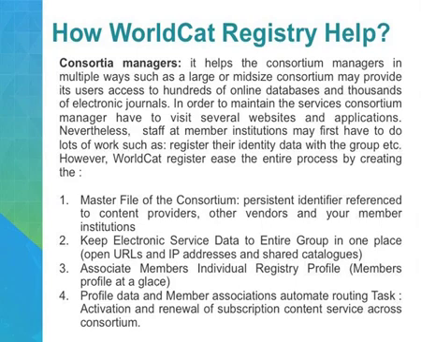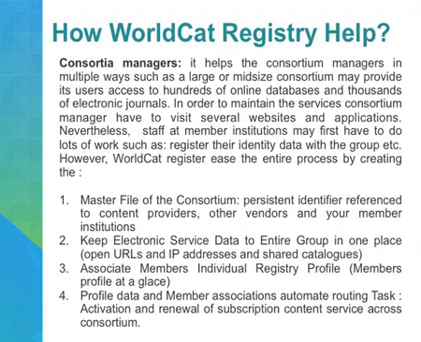So, you need to understand how the WorldCat registry helps many stakeholders in information access and management, and one of them is the consortia manager. It helps the consortia manager in multiple ways. A large or mid-size consortium may provide its users access to hundreds of online databases and thousands of electronic journals.